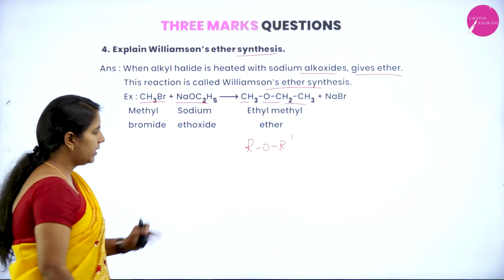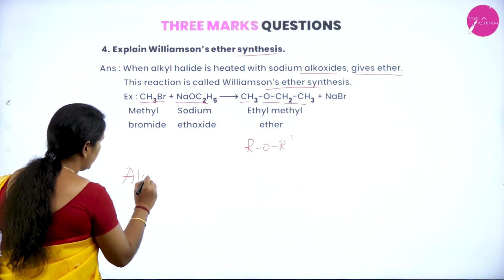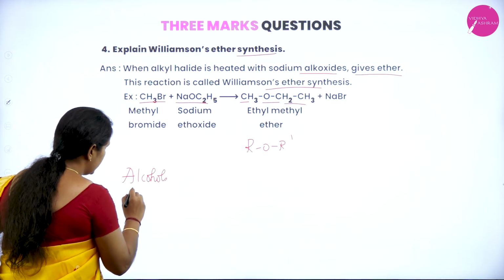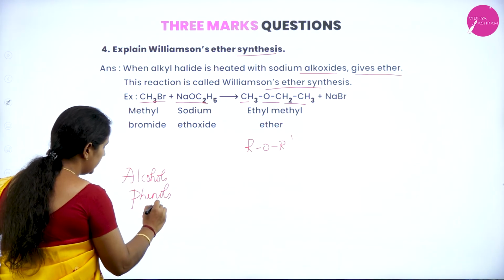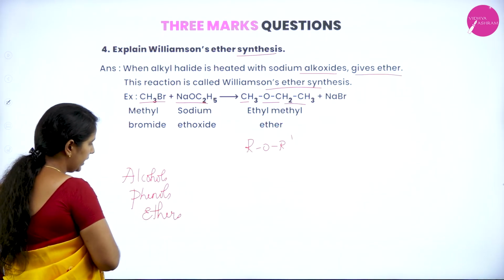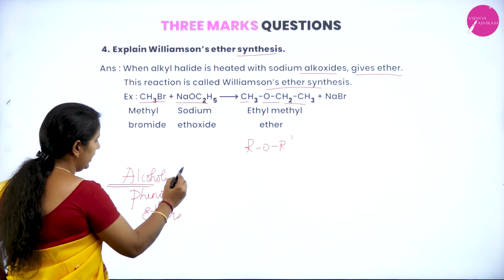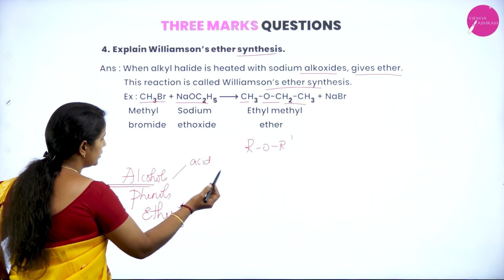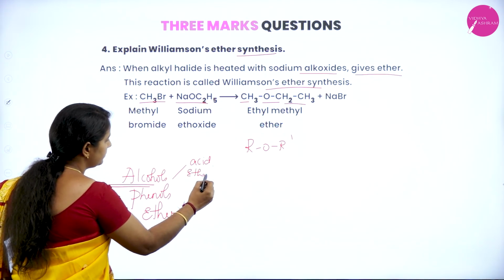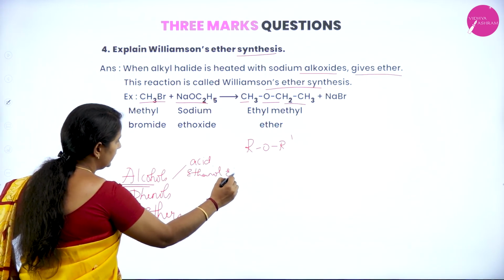So please see that from the alcohol part, from the phenol part, and also from the ether part, we can expect questions. This actually comes with the acid dehydration, the conversion of ethanol to ethene.